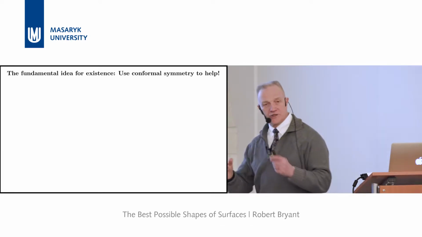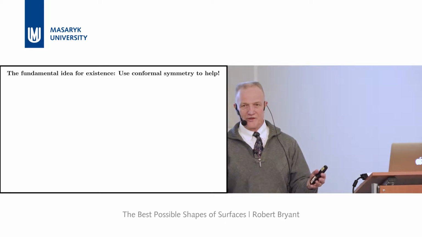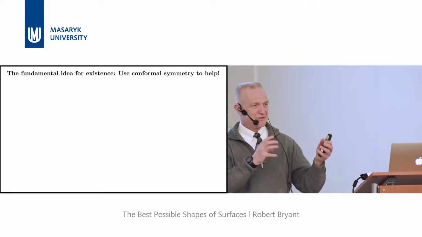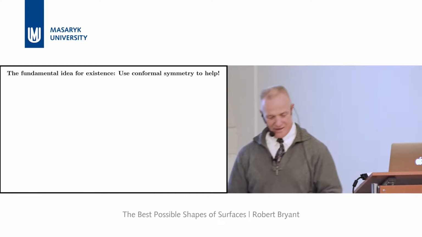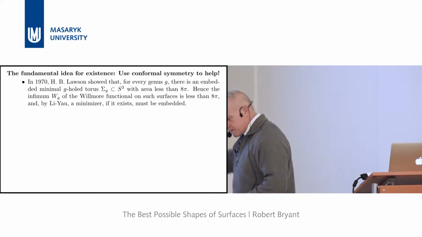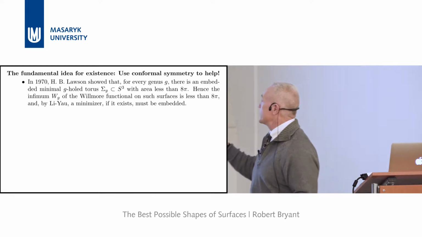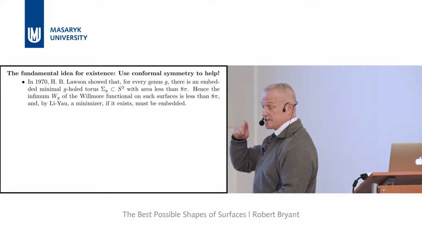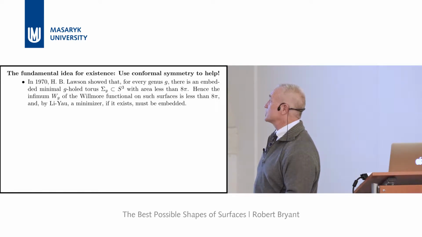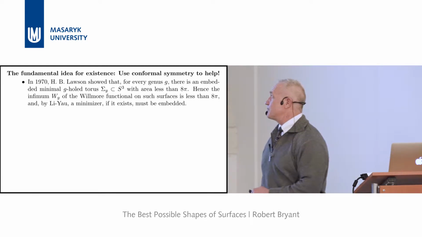The fundamental idea for existence, though, says that instead of cursing conformal invariance, which is what's causing the handles to be collapsible without you being able to control them, use it for something. And the idea was this. In 1970, Blaine Lawson had actually constructed, for every genus, an embedded minimal, that is H equals 0, genus g torus in the 3-sphere with area less than 8 pi.